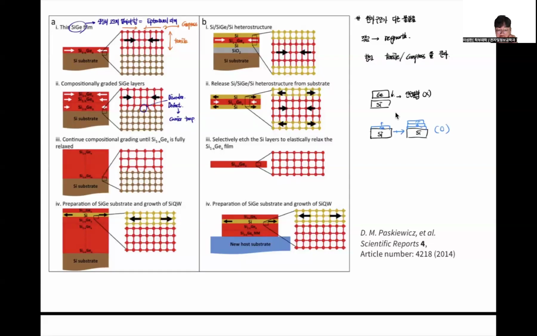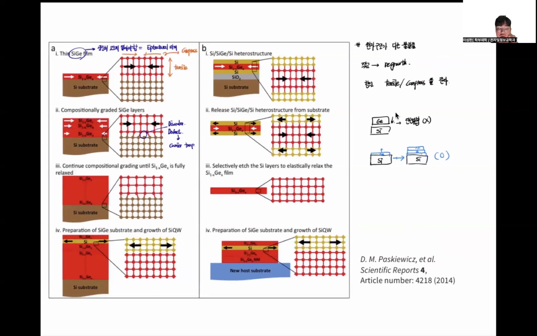Okay, this time we're going to finish up strain engineering and explain why we use high-K material in the gate.